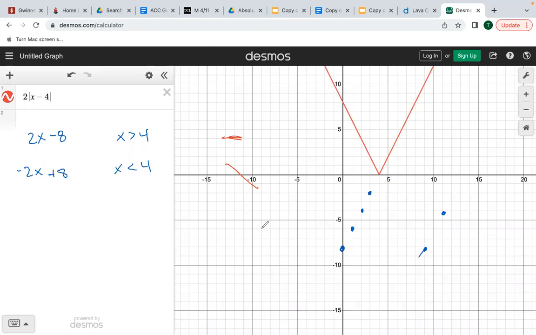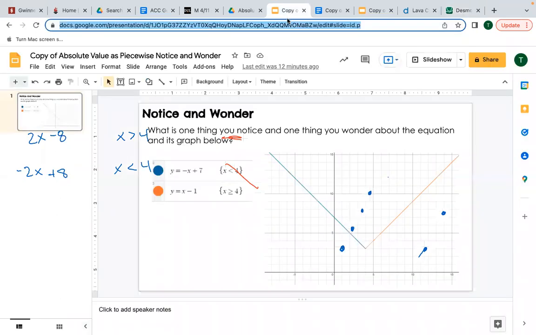Now normally what you're going to do is pick which one you want it to be equal to. Kind of like on our last problem, our notice and wonder. I'll go back to that. On our notice and wonder, they picked this one to be equal to. That means when we plugged in 4, that would give me 3. When I plugged in 4 here, it would also give me 3.